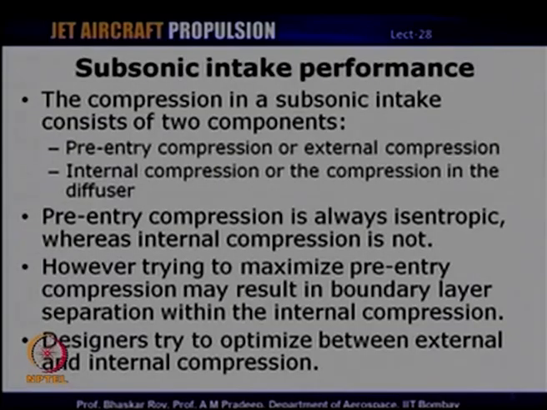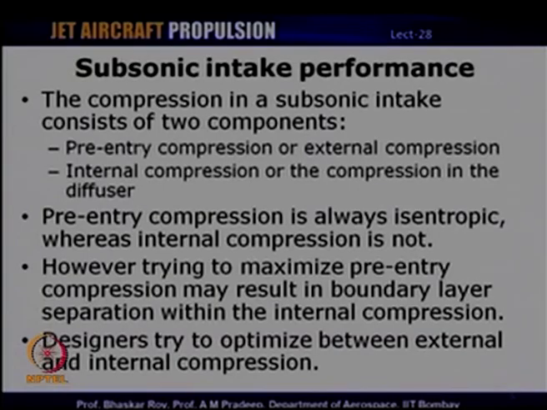On the other hand, internal compression occurs within the diffuser surface itself, and therefore it is never isentropic. It is just the pre-entry part of compression which is isentropic, which means that it is free from losses. Isentropic compression is always good because it is free from losses.